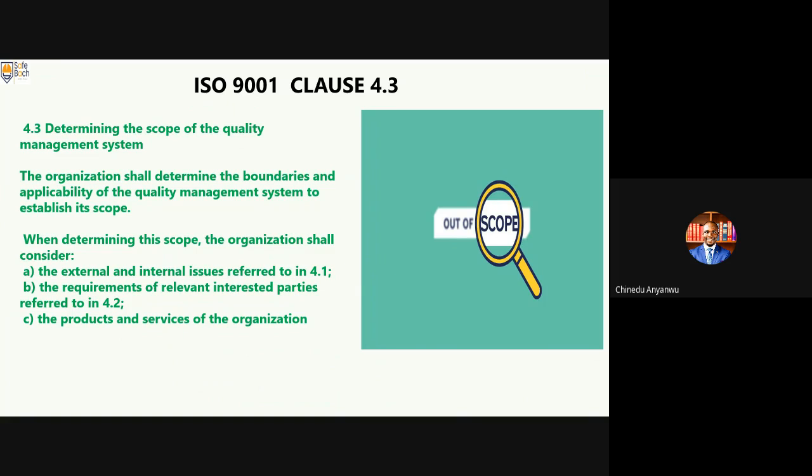When determining the scope, the organization shall consider the internal and external issues referred to in 4.1. We have also treated 4.1, which is context of the organization, in one of our series, so do well to go and watch that video. We have also treated 4.2, requirements of relevant interested parties. And then you should also consider the products and services of the organization.